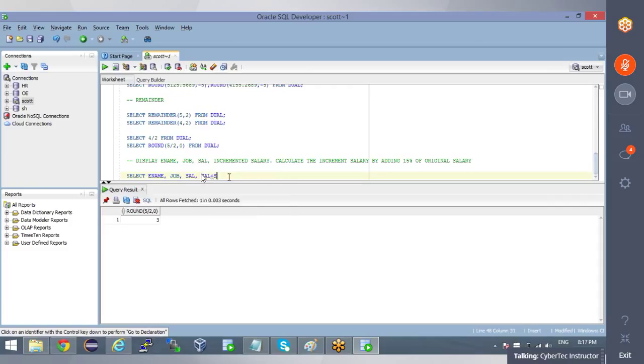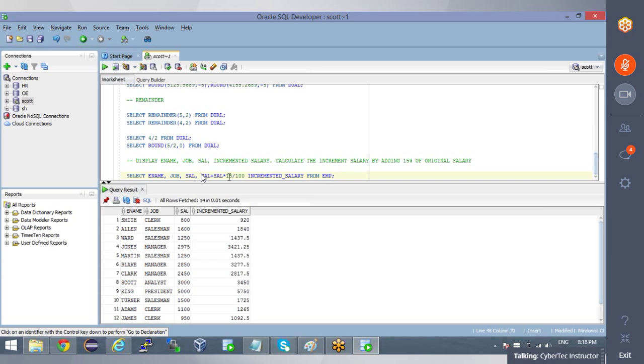Salary plus salary into 0.15, which is nothing but 15 by 100. 15 percentage is nothing but into 0.15 or 15 by 100. From what is this column? This column is my incremented salary from EMP.